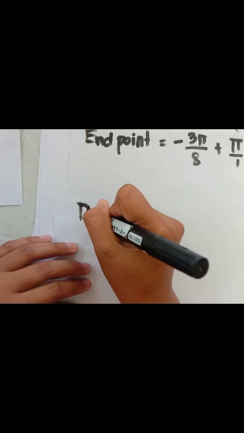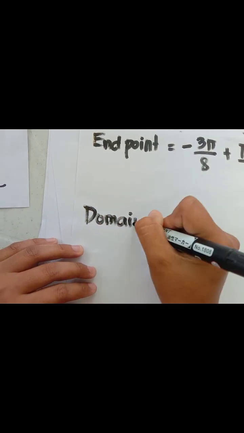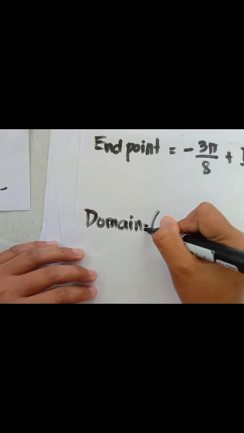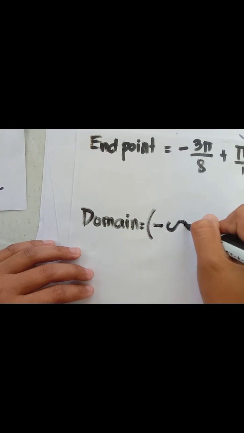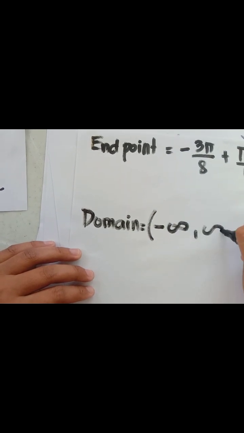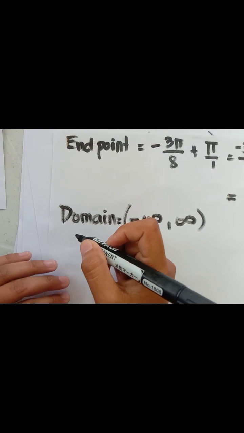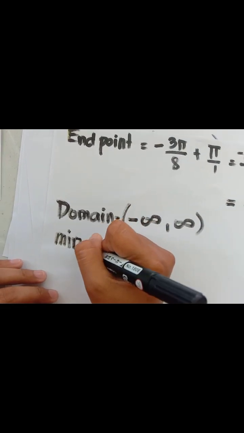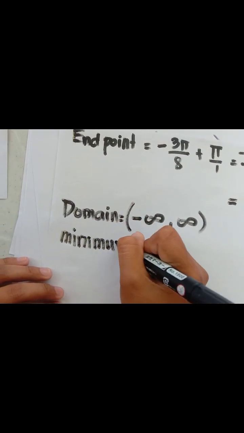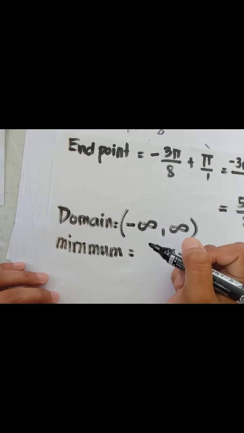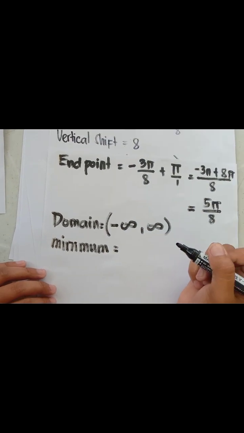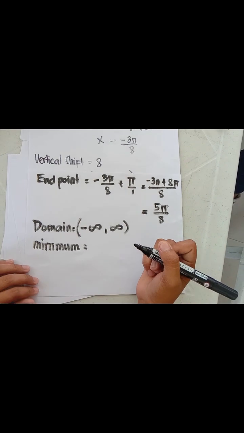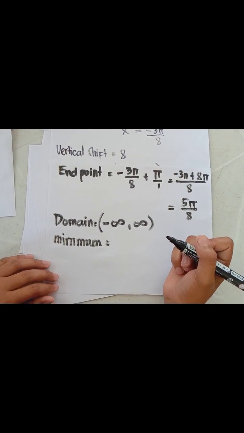And the domain is negative infinity to positive infinity. And get the minimum. To get the minimum, we need to subtract the amplitude and the vertical shift.